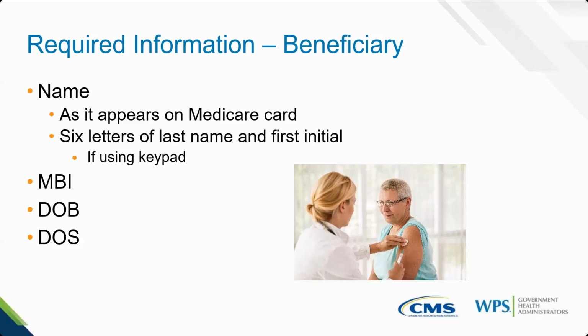If you've been around a while, we used to call it the HIC number, Health Insurance Claim Number. But in either case, it's the patient's Medicare number. This is also going to be what's on their red, white, and blue card, not their Medicare Advantage card, not their supplemental insurance card. It has to be their MBI.